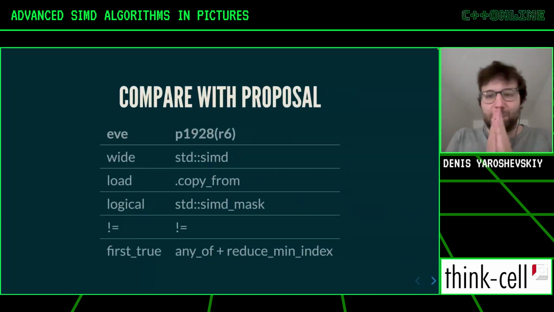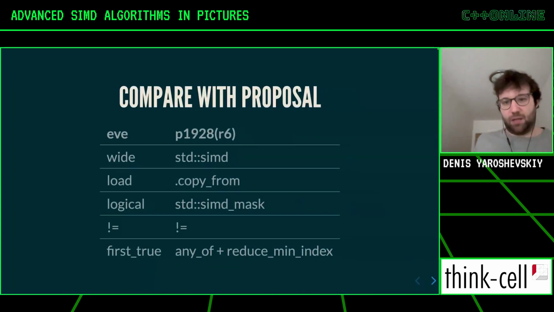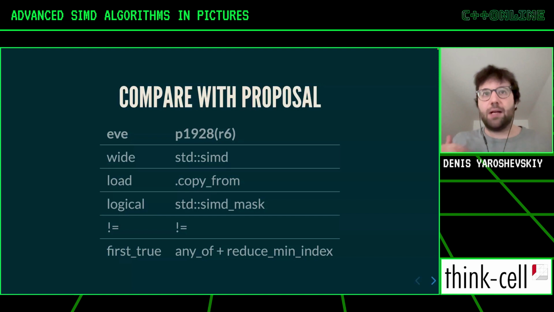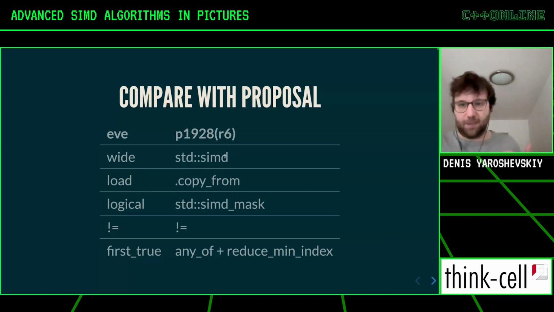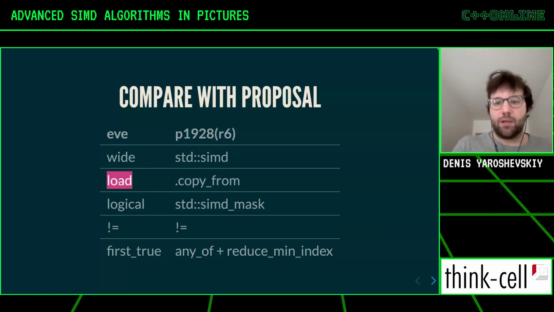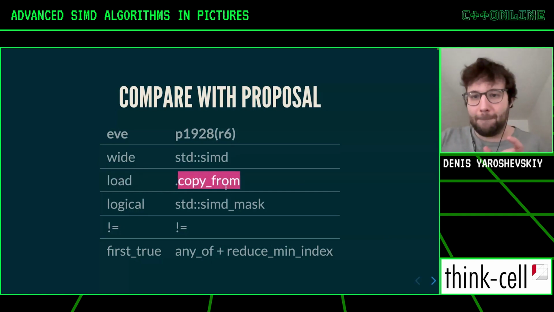Now, there is a proposal for standard SIMD, so I'm going to mention it. The default version proposed for C++26 is actually not bad. This is how they do what we do. What we call wide, they call standard SIMD. What we call load, they have a method called copy from.